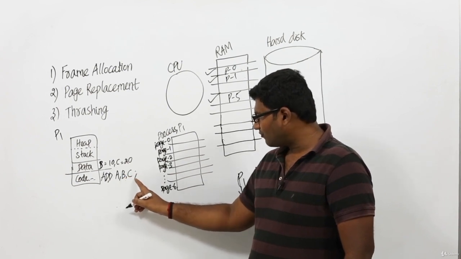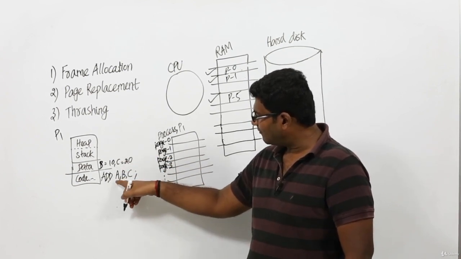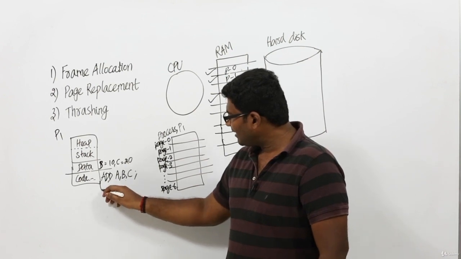We are going to add both of them and place the result in the variable A. And this is what we mean by an instruction.